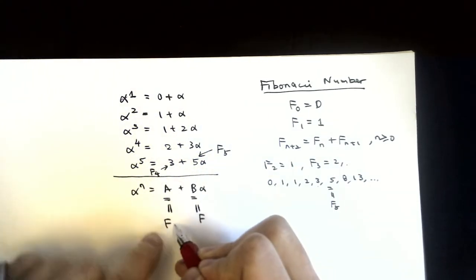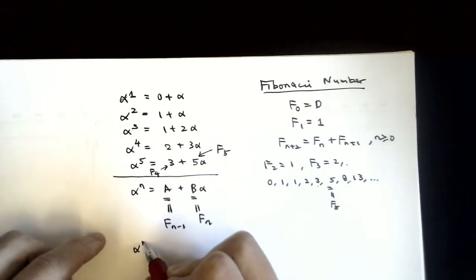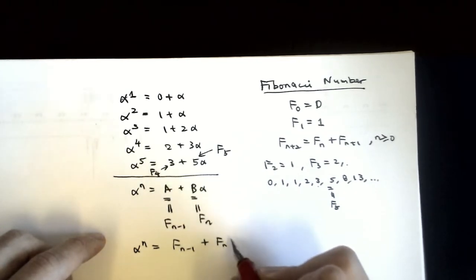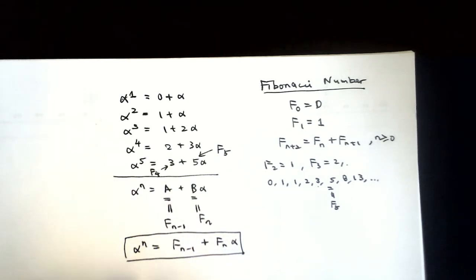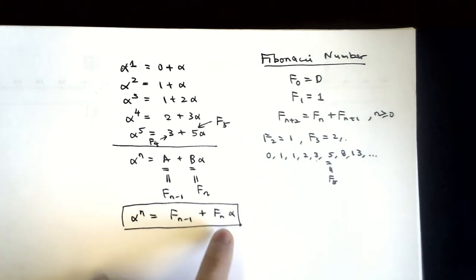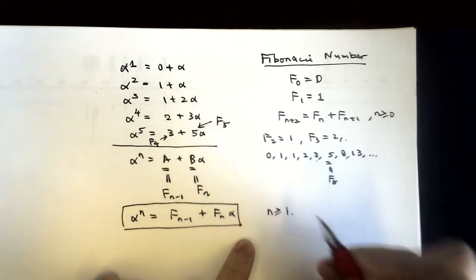So we guess this is n minus 1, this is n. So we guess our higher power of alpha will be in this form: the (n minus 1)th Fibonacci number plus the nth Fibonacci number times alpha, for n greater than 1.